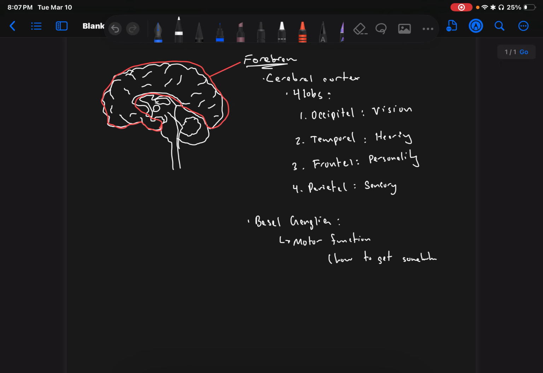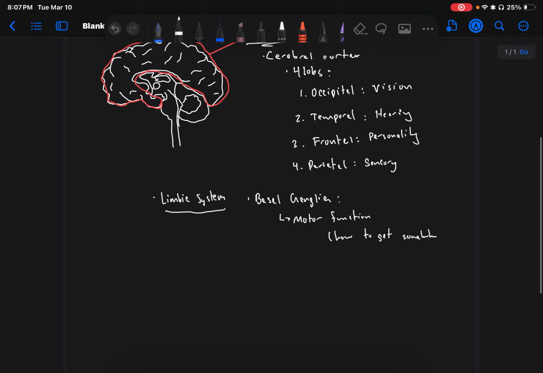We also have the limbic system. And this is comprised of 3 main parts. We have the hippocampus.